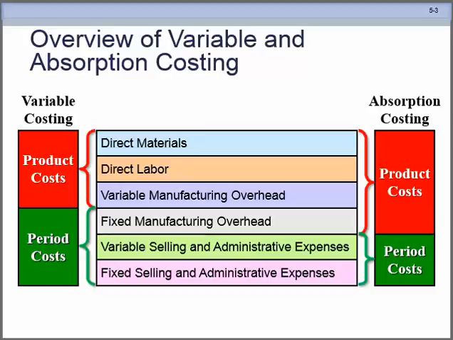So this is not well suited for CVP computations because there's no distinction between variable and fixed product costs. Okay, so let's jump into this, and we're going to look at an example.